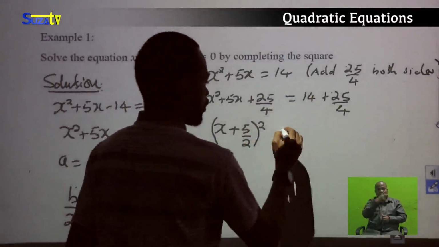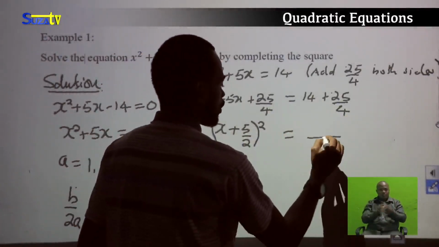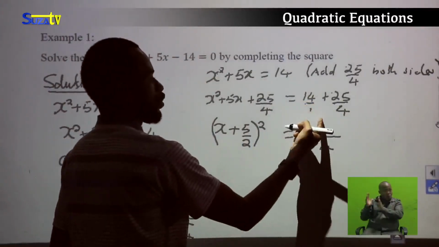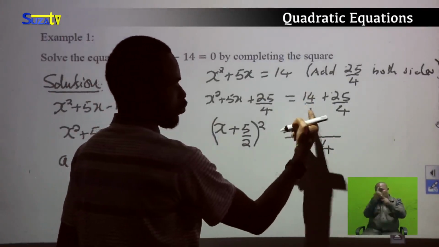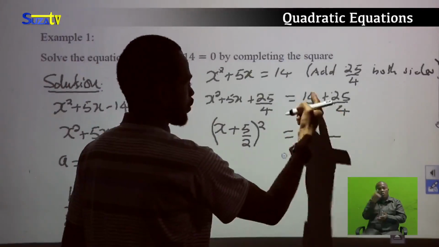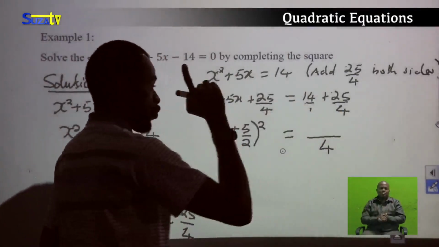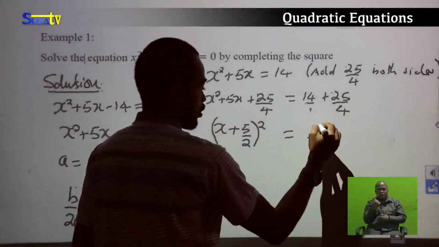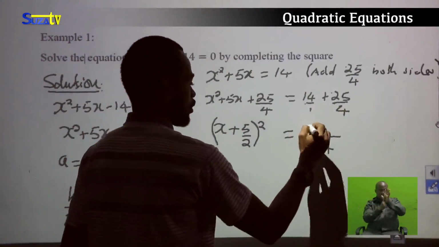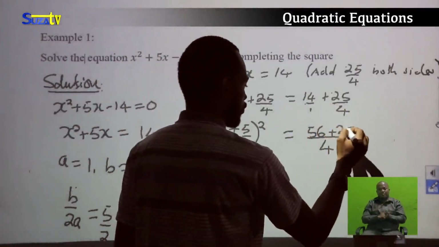So this is going to be equal to, then you have to find the LCM here, which is 4. In 4, how many ones? There are four 1s. Then 4 times 14 is 56, and 4 times 1 is 4. So this plus 25.